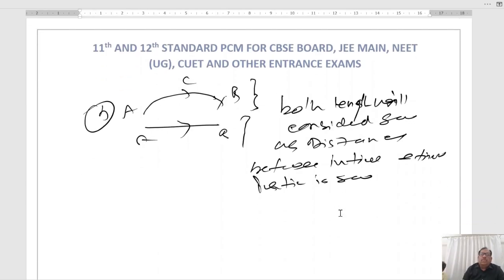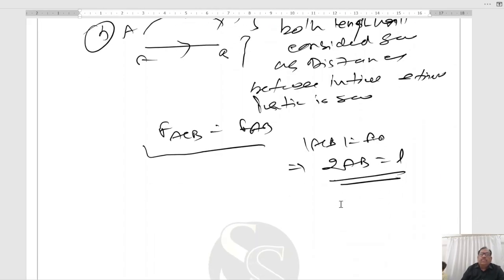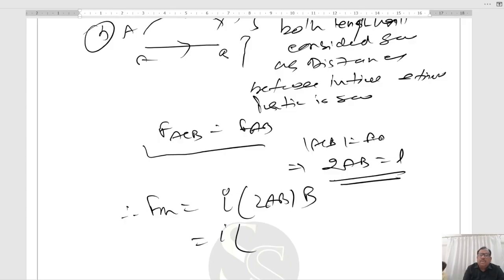Therefore, for both wires, F of ACB will be equal to F of AB. Therefore, we can take ACB plus AB, meaning twice AB, as the length. Therefore, the magnetic force Fm will be equal to I into twice AB into B.